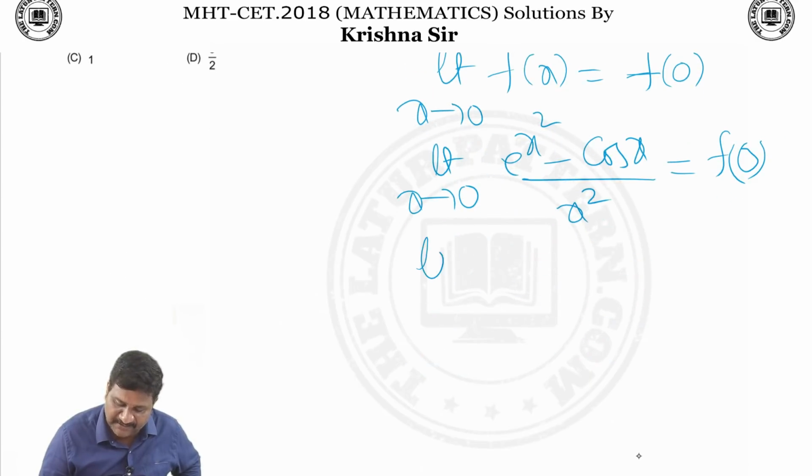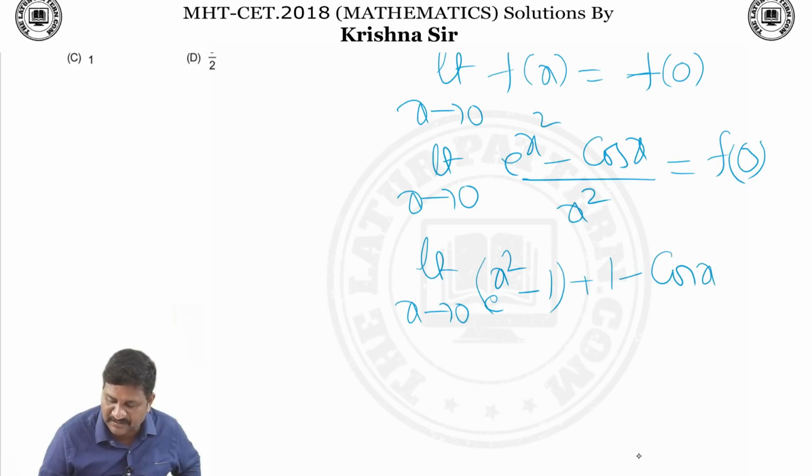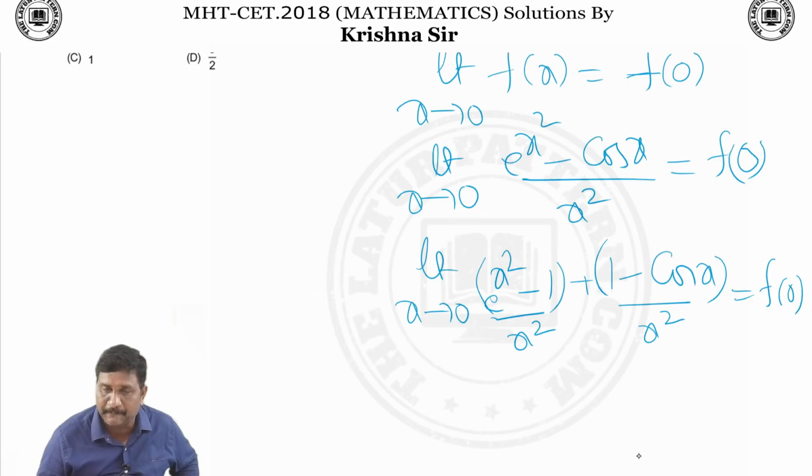So limit x tends to 0, subtracting 1 from e power x square and adding 1, minus cos x upon x square, we are separately dividing, which is equal to f of 0.